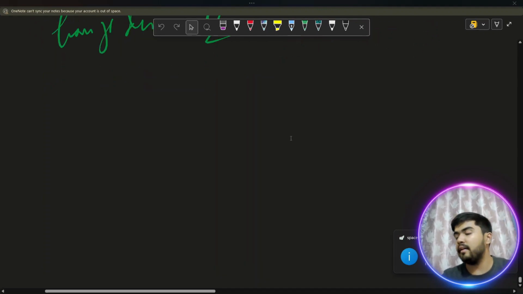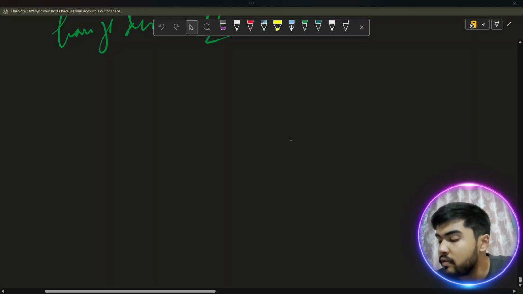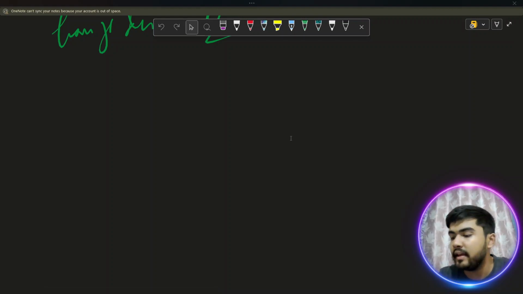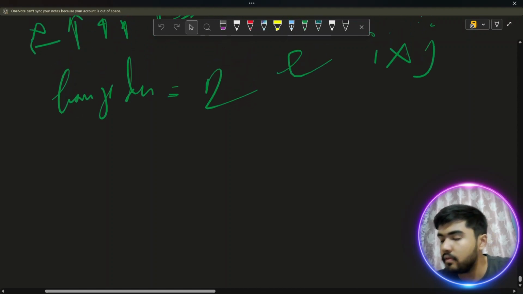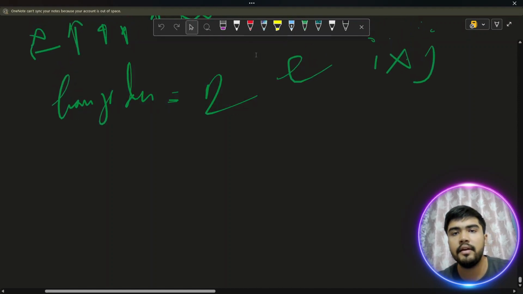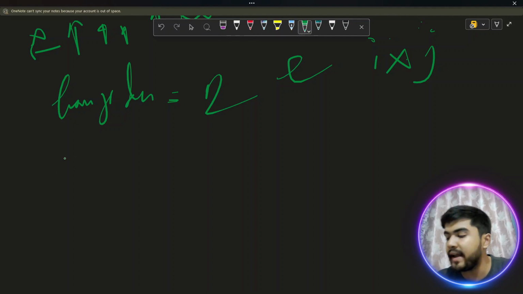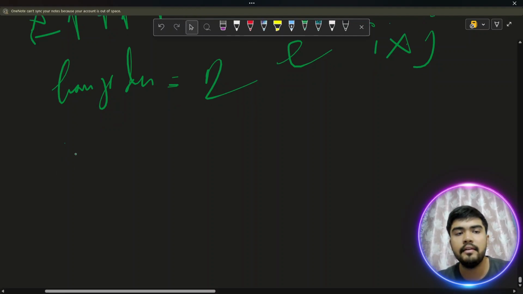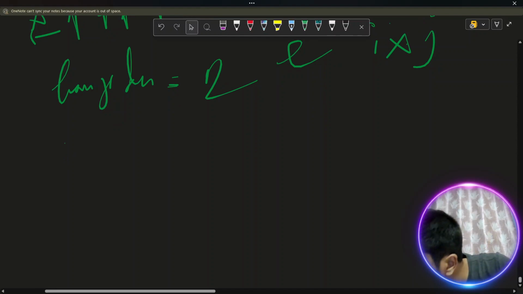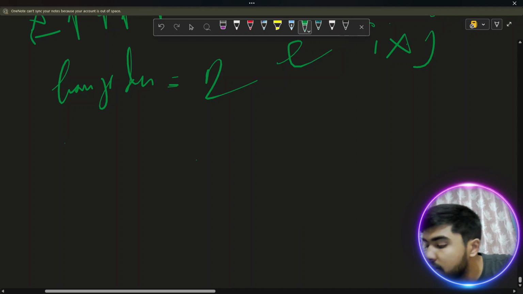So there are cases, the first case is very simple. Let me select the pane. Selection's done. Can I write?